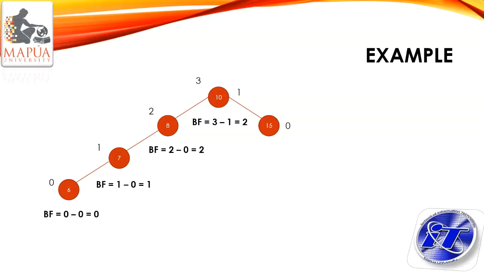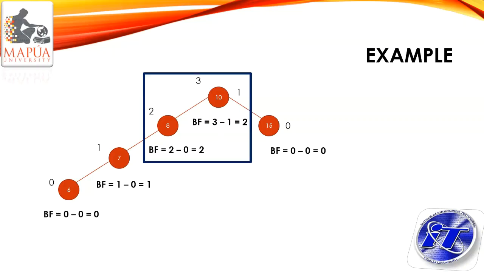We have 3 minus 1, 3 on the left, 1 on the right. So we have 2. And for 15, 0 minus 0. As you can see, some balance factors are not equivalent to negative 1, 0, or 1. Therefore, this is not an AVL tree.